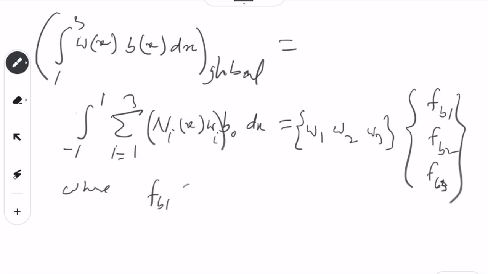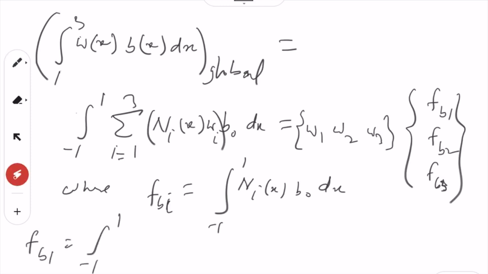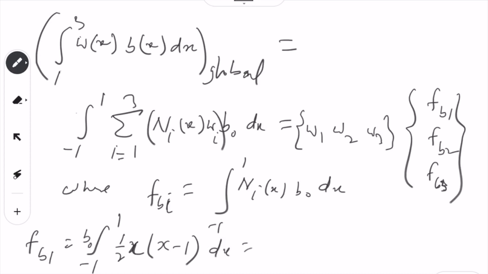FB1 will be equal to the integral from minus 1 to 1 of N i x and B naught dx. For example, FB1 in this case will be the integral from minus 1 to 1 of N1, and N1 is nothing but half x times (x minus 1), and then B naught a constant, dx, which will be equal to B naught over 2.